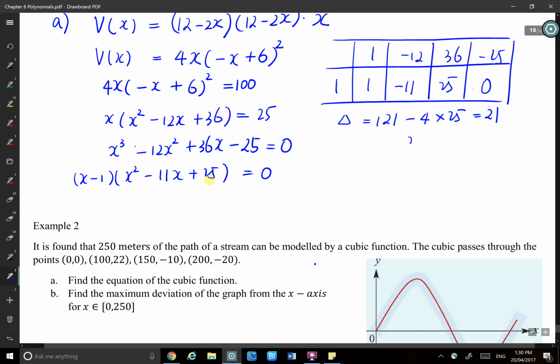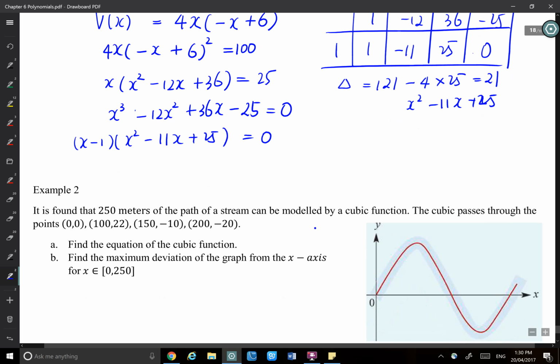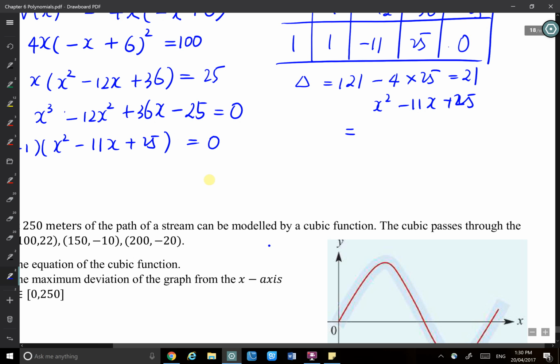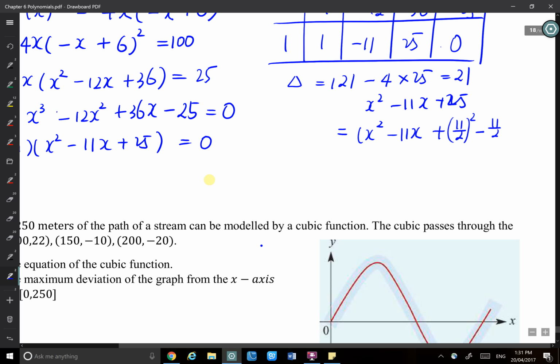So how can I factorize x squared minus 11x plus 25? That equals x squared minus 11x plus half of b squared, minus half of b squared, and still plus 25 at the back. So you will have (x minus 11 over 2) squared minus 121 over 4 plus 100 over 4.